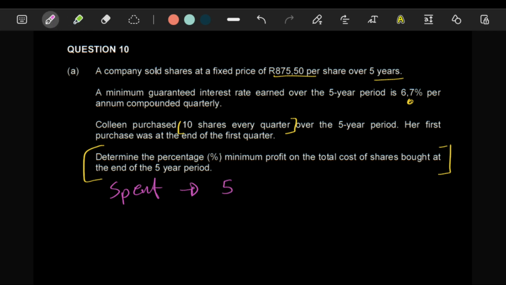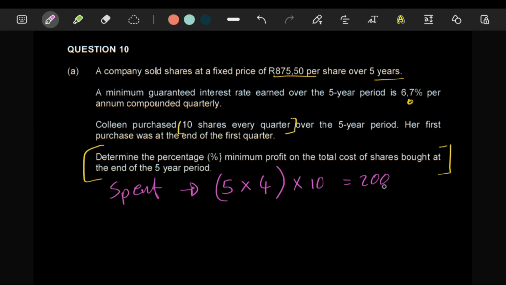It's 5 years, and she's buying shares every quarter. So she has bought shares 20 times, but every time she bought, she was buying 10 of them. So this is 5 times 4, which is 20, times 10, this is 200. So she bought 200 shares.